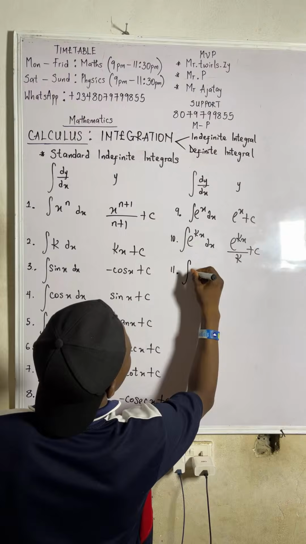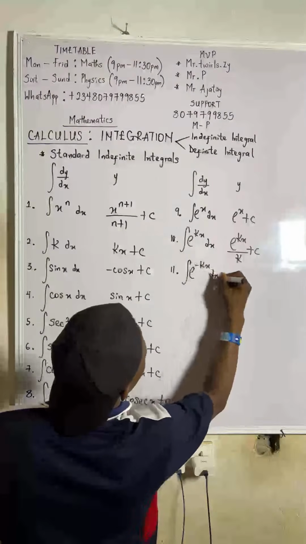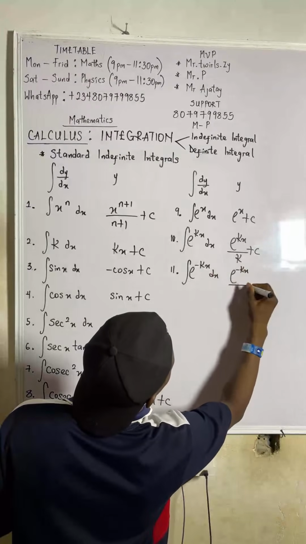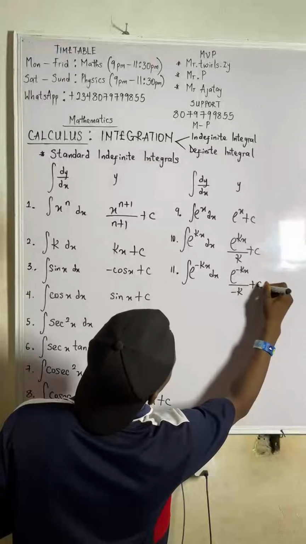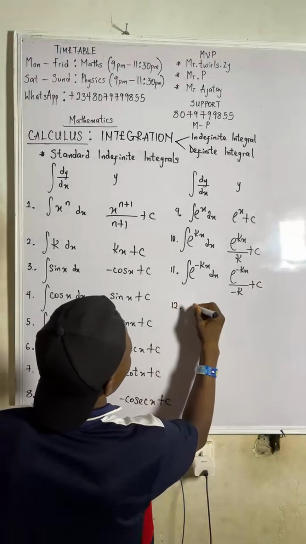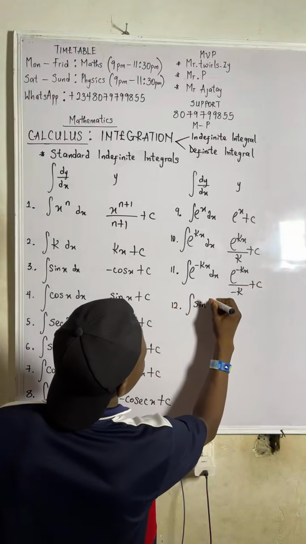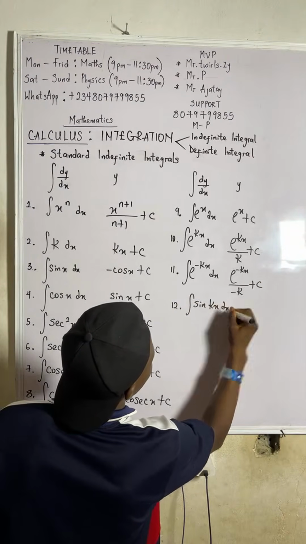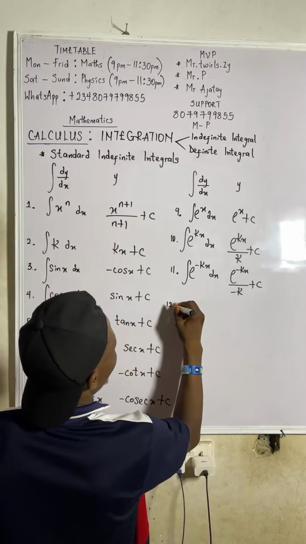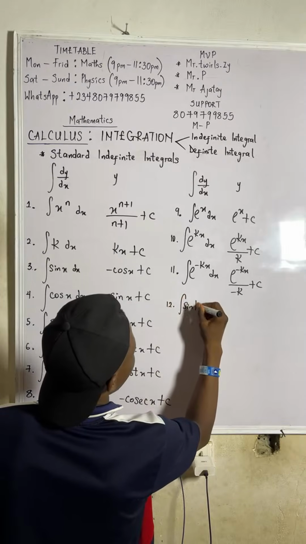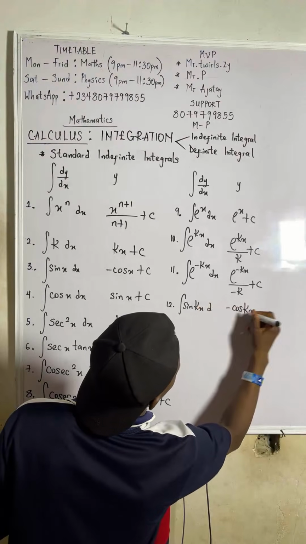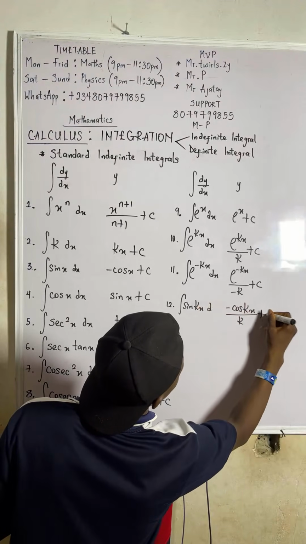Number 11, integral of exponential minus kx in respect to dx gives you exponential minus kx over minus k plus c. Then the 12th one, integral sine kx in respect to x is minus cos kx over k plus c.